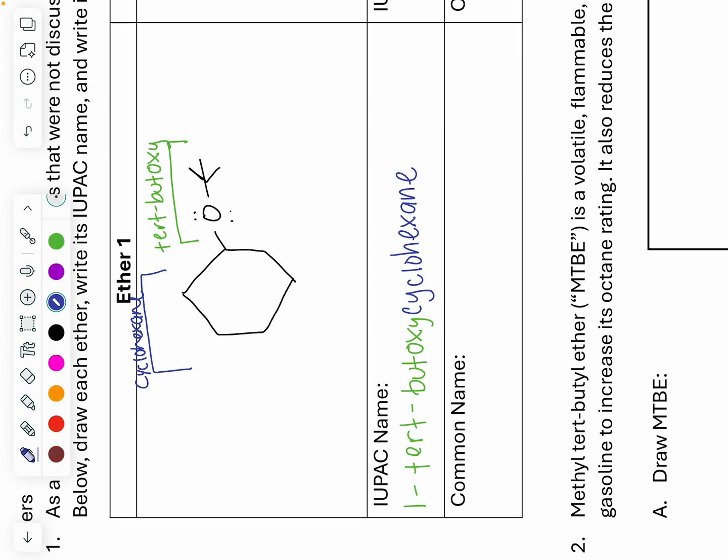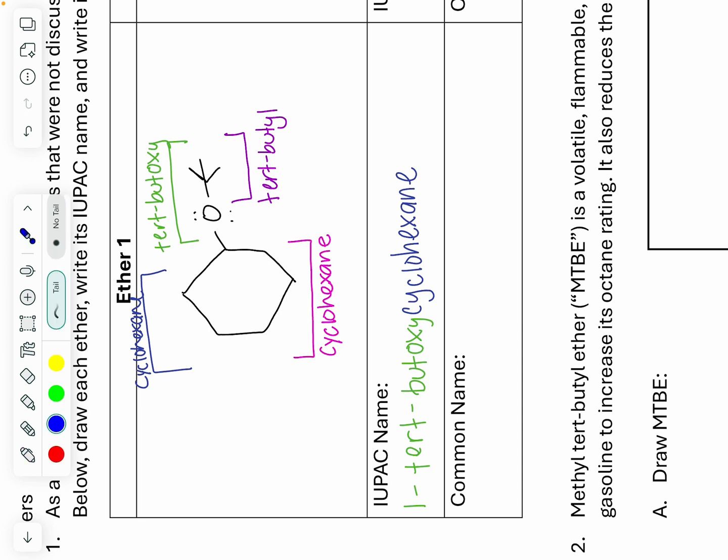So in this case, for this side of the oxygen, we have a tert-butyl. And then on this side of that oxygen, we have that cyclohexane. And for the common name, the parent name is actually going to be the ether. So this is no longer the parent name. The parent name is ether.